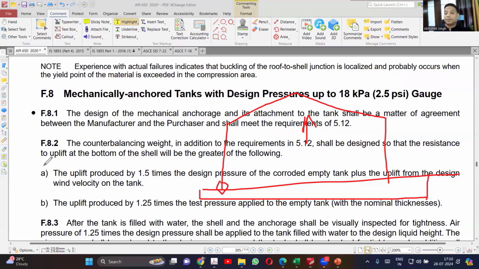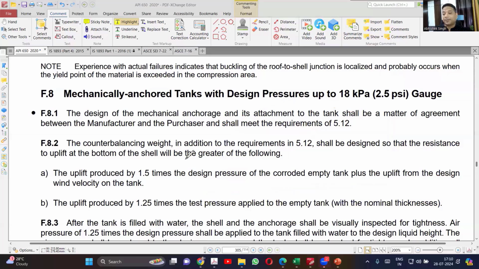So to check that, okay, you need to use this equation E and B. What exactly is that? What you're calculating is the counterbalancing weight in addition to what we have calculated for 5.12 shall be designed so that the resistance to uplift at the bottom of the shell is greater than the following.